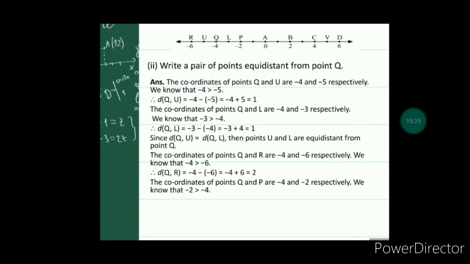We know that -2 is greater than -4. Therefore, distance QP equals -2 minus (-4), which is -2 plus 4, equal to 2. Since distance QR equals distance QP, points R and P are equidistant from point Q.